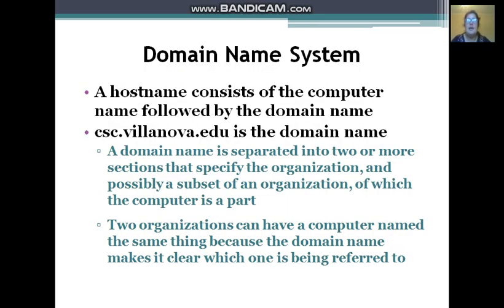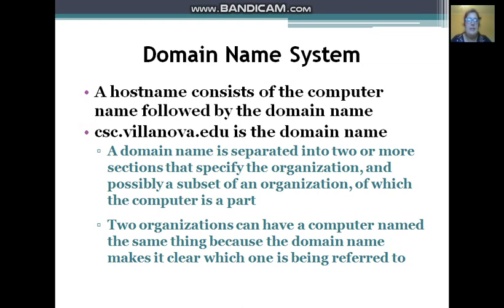Now the domain name system. I want to tell you about the domain name system. A host name consists of the computer name followed by the domain name. csc.villanova.edu is the domain name.